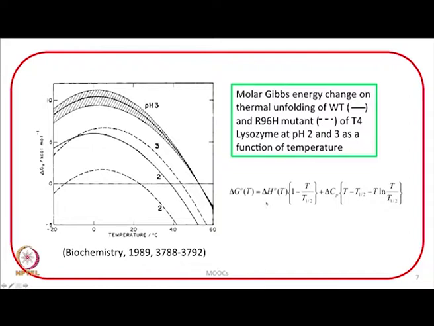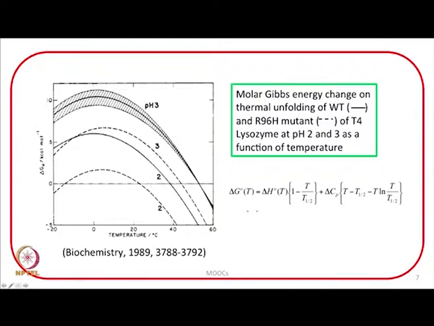Delta G naught, actually read this as T half, delta G naught at T is equal to delta H naught at T half into 1 minus T by T half plus delta Cp and the remaining terms as we discussed earlier.